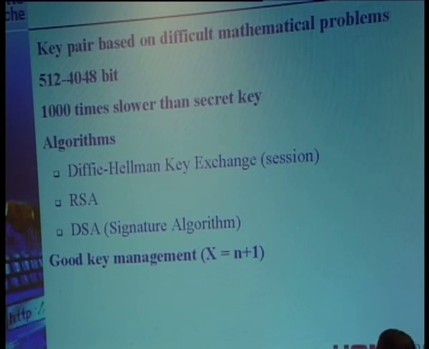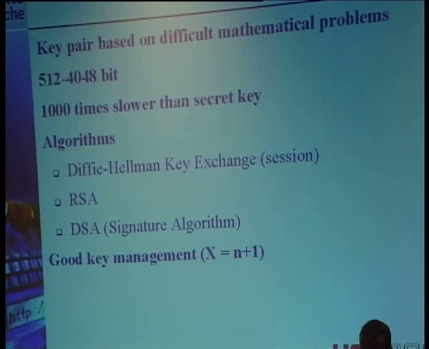With public key encryption, instead of one key you share, you have two keys. And you create a key pair at the same moment. And the key pair is based on difficult mathematical problems, for example, primes or elliptic curves. And the key sizes we use nowadays are between 512 and 4000.